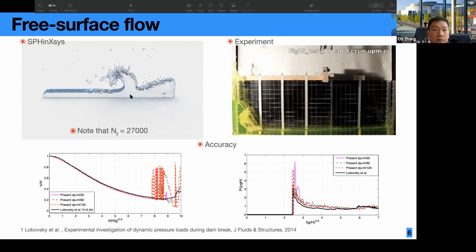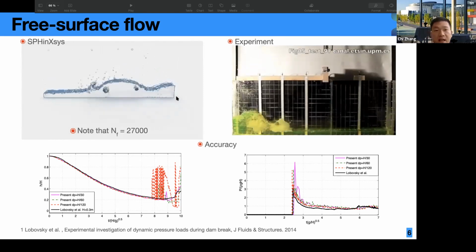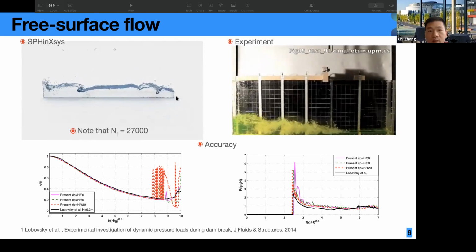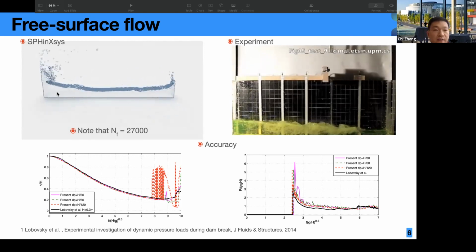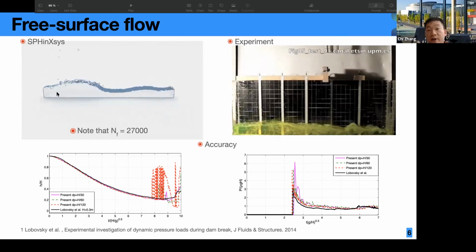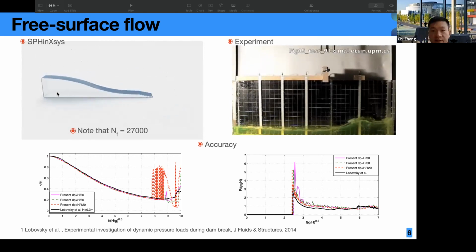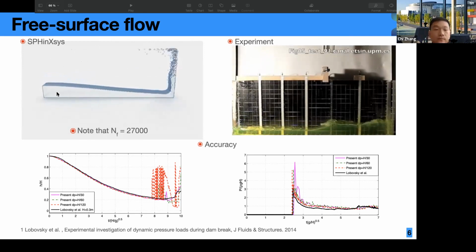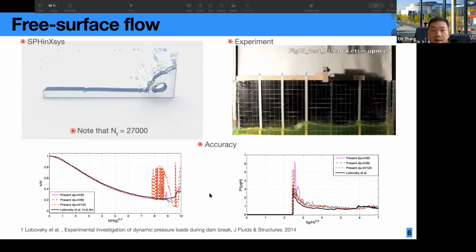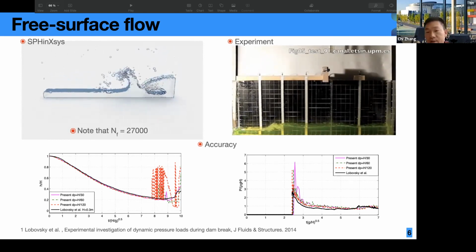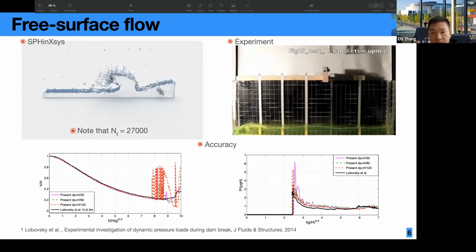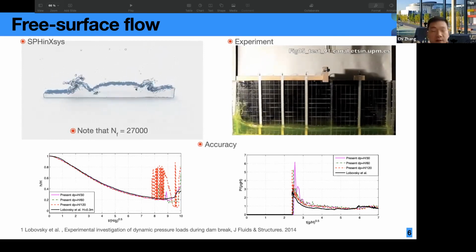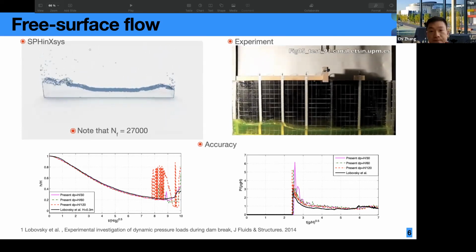As you can see here, by using the SPH method, all the features of the free surface flow, for example, a very large run-up and some break-up of the free surface, also the re-entry of the free surface, can be well captured. And we also show here the elevation of the free surface and the capture of the pressure signals. We can see from this data that the SPH method has good agreement with the experiment.